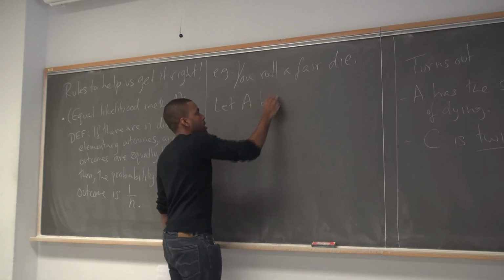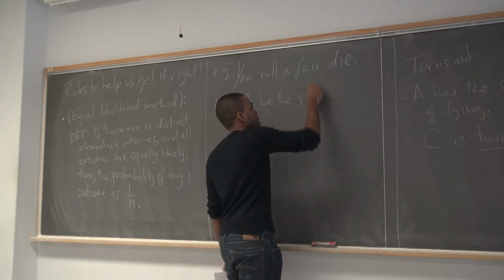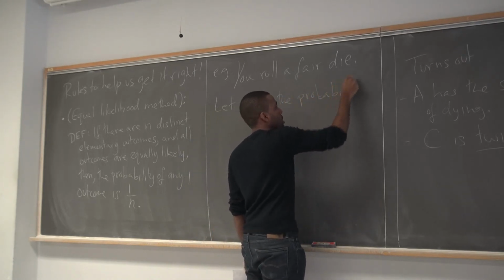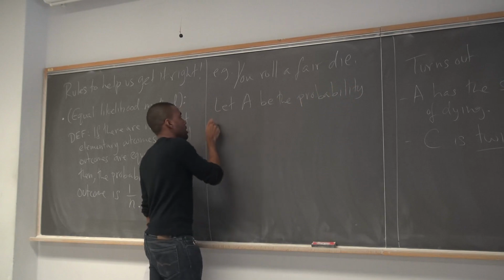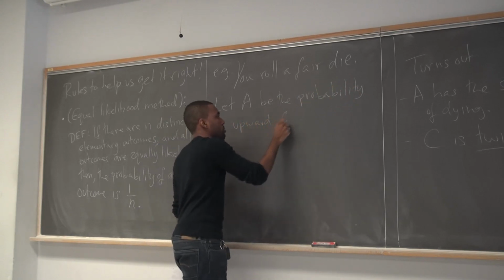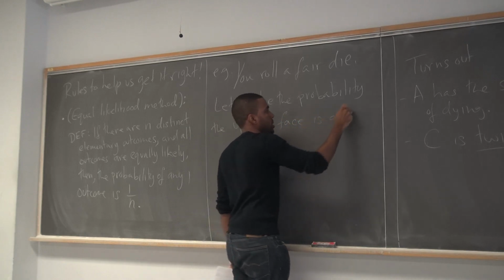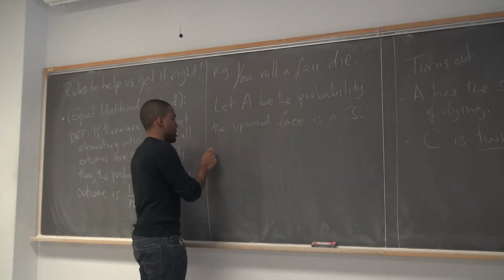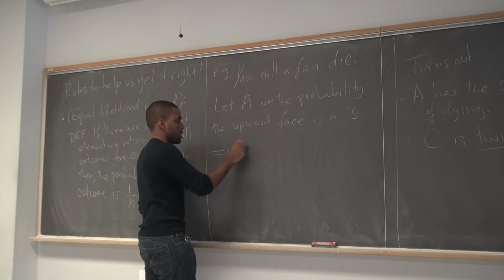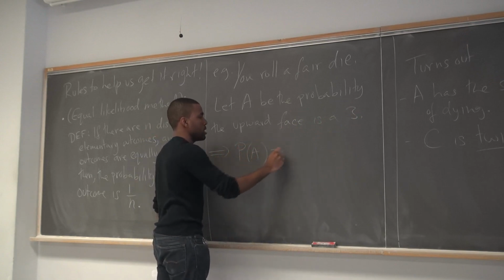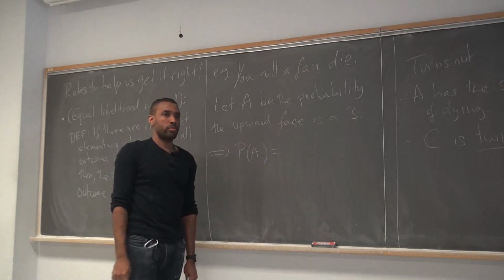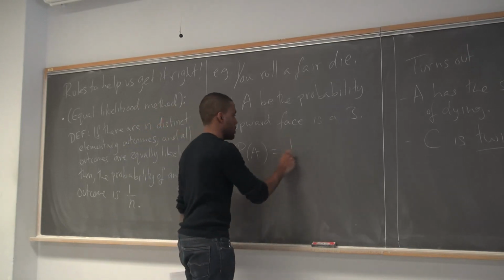Let A be the event that the upward face is a 3. Then the probability of A would be what? 1 out of 6.